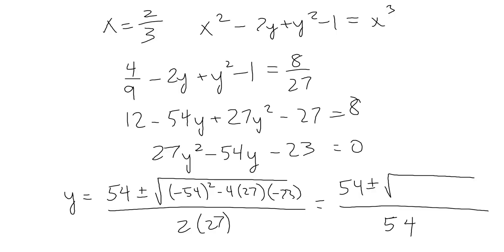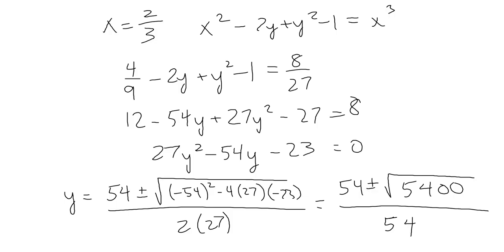Looks like that comes out to be 5,400. And 5,400 is divisible by 900, right? So we can do 900 times 6, which makes that 30 root 6.